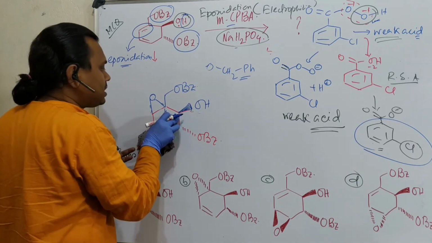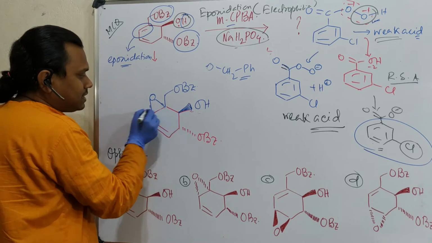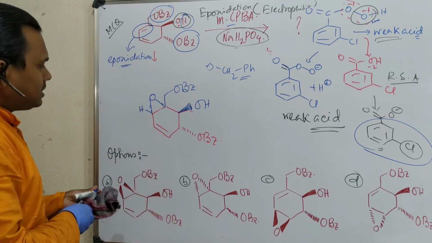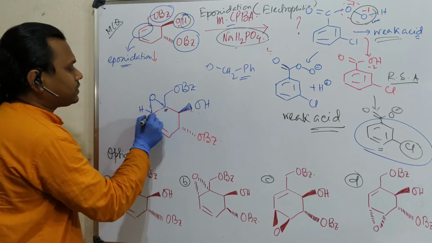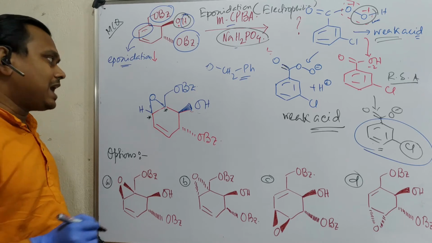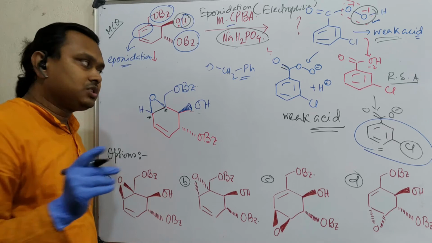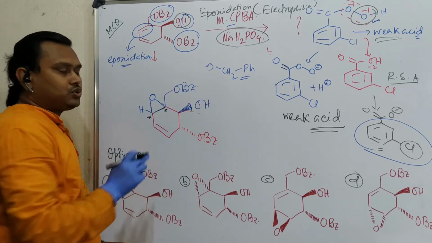Now question is, what should be the position of the epoxide? Because if you look at these centers, there is one hydrogen. If you look a little closely, both are chiral centers, with 4 different substituents. Since a 3-member ring is cis, always remember, small ring always cis. So there are two options, either it could be up or it could be down.